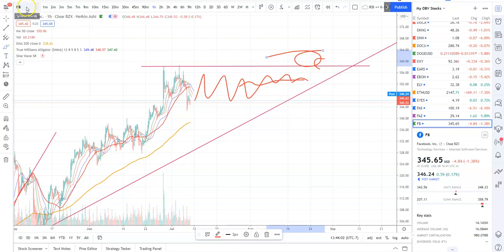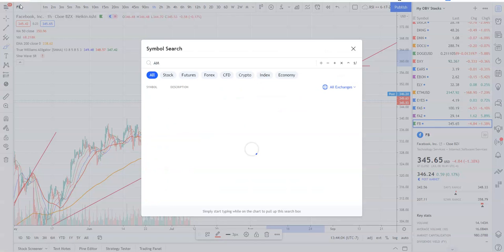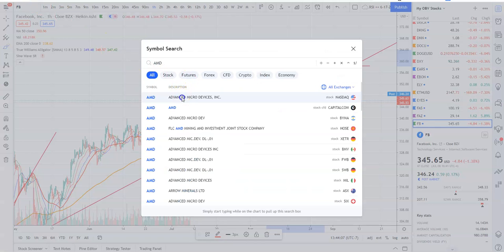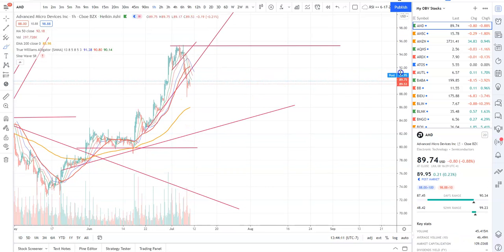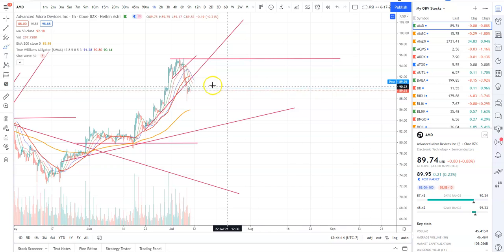And there are more charts like this, but just to show you one more chart, AMD. Again, it supports the same scenario.